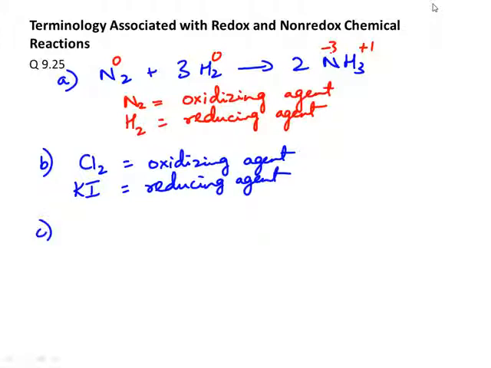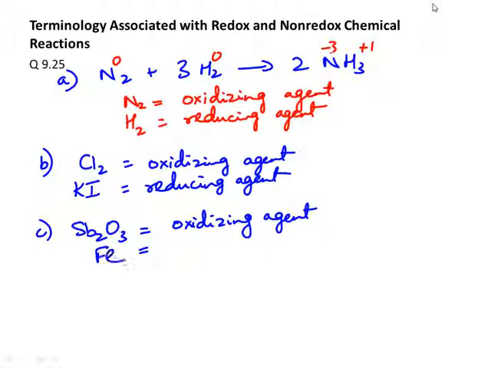C, antimony oxide will have to be the oxidizing agent, because antimony is the one that got reduced. Antimony cation was the one that was reduced, and at the same time metallic iron will be the reducing agent, because that's the one that was oxidized in the process.